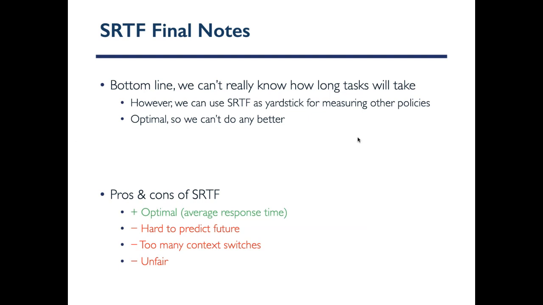It's hard to predict the future, so it's not very practical. Even if we were to predict the future, it may require a lot of context switching. Every time a new job comes in, we might want to context switch.